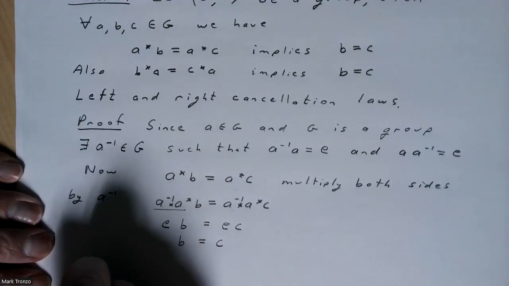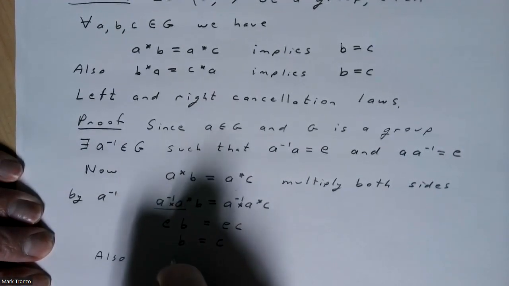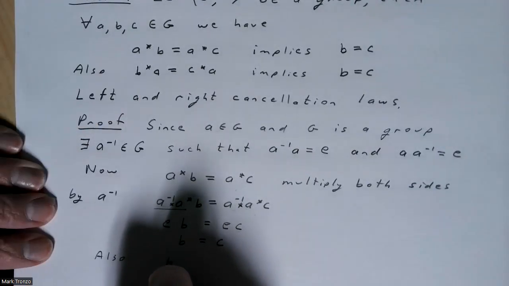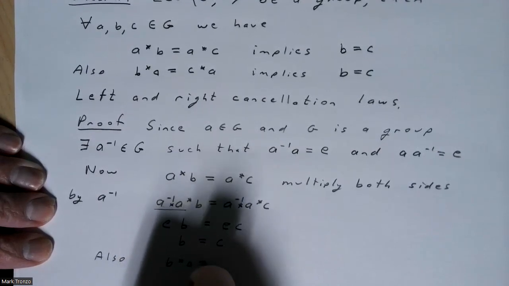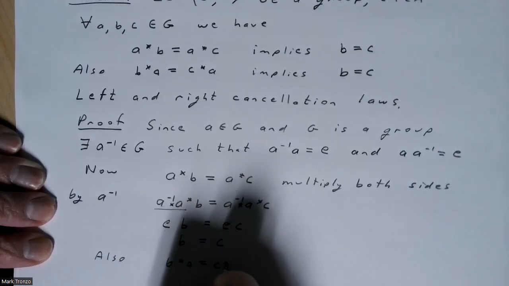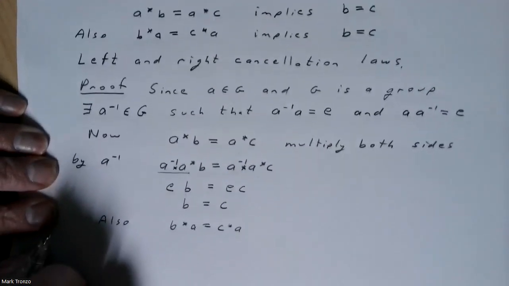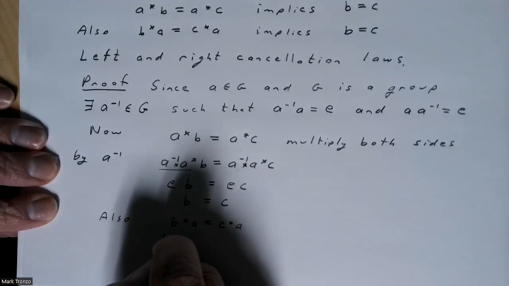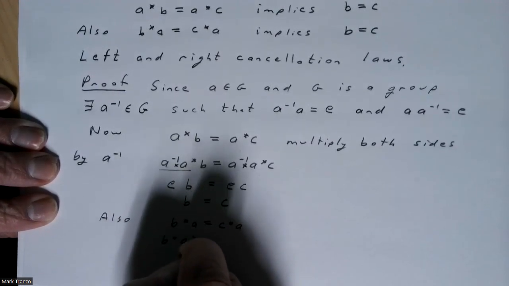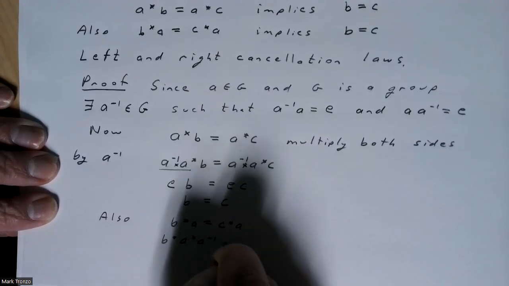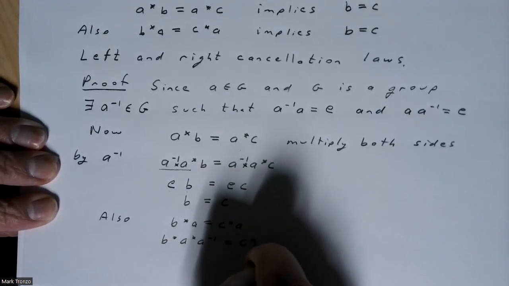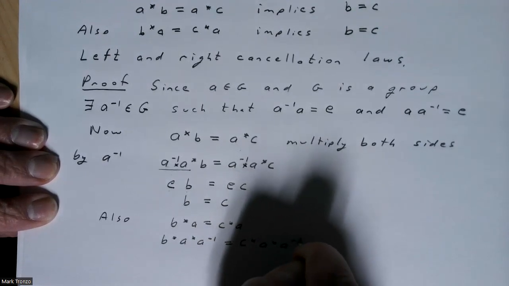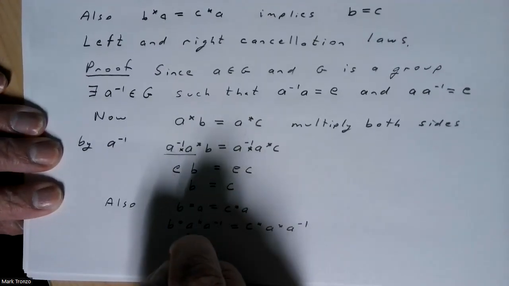The other one was B star A equals C star A. Again, multiply this time on the right by the inverse.